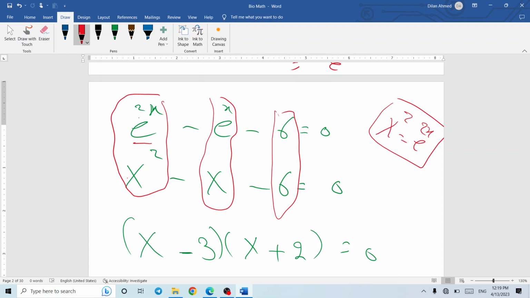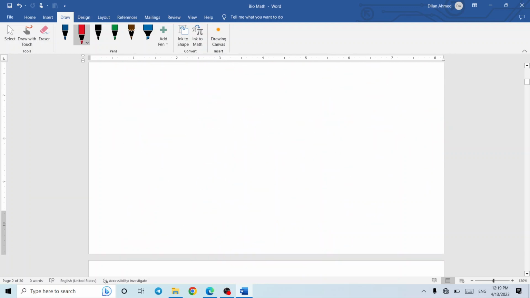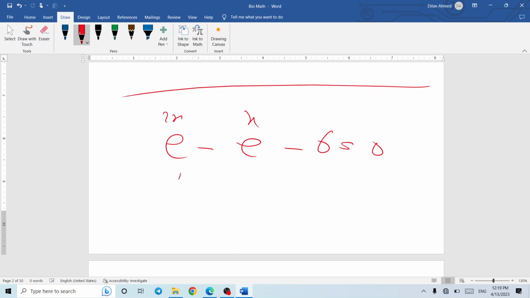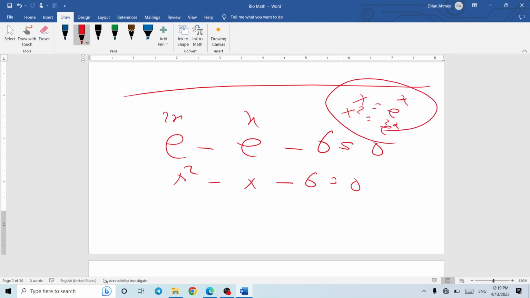In my mind, I have this equation, and I am imagining it as x squared minus x minus 6 equal to 0. Why? Because if x is e to power x, of course x squared is e to power 2x. So I'm going to change it in my mind like that.